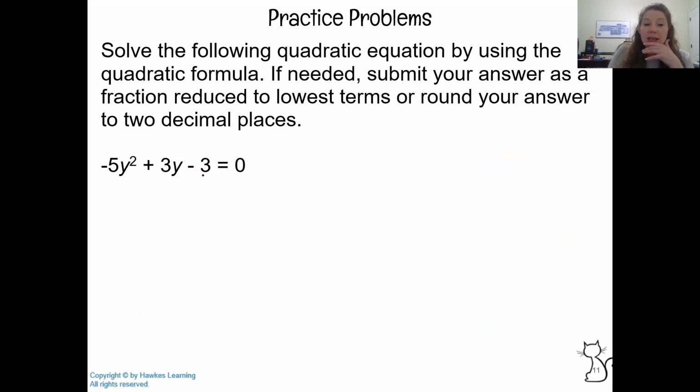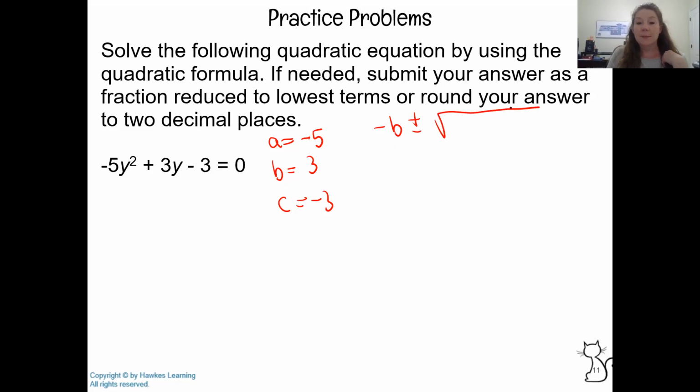All right, let's try another one. You guys pause the video, try it by yourself and see what you get. All right, the first thing I like to do is identify A, which is -5, B, which is 3, and C, which is -3. We're going to start with our quadratic formula. B squared minus 4AC all over 2A.